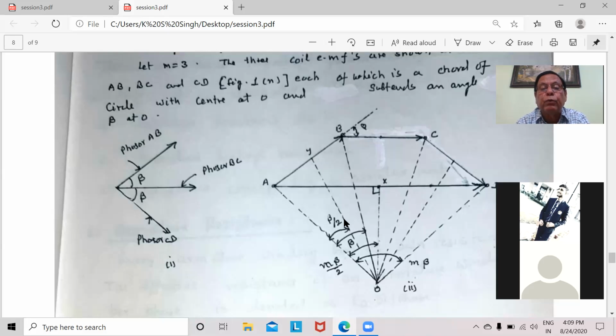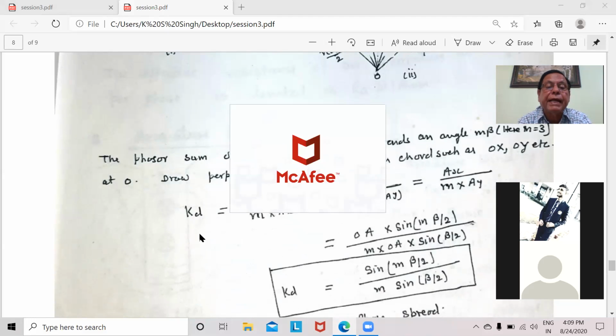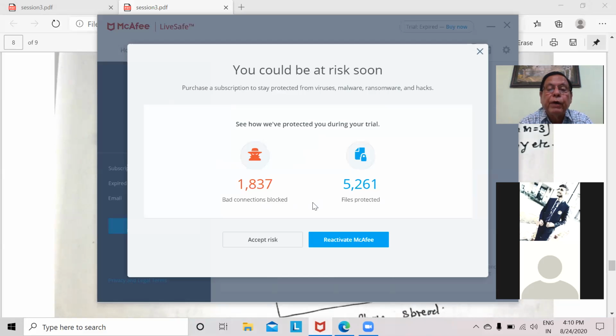From this you can calculate AD, the phasor sum of coil EMF AD. What will be Kd? It is the voltage induced in the coil when it is full pitch coil, and the voltage induced in the coil when it is the short pitch coil.